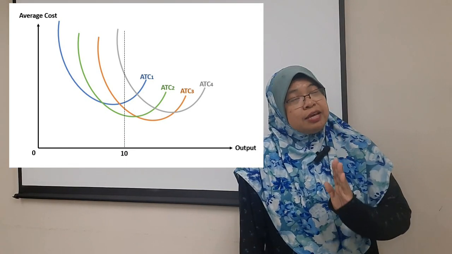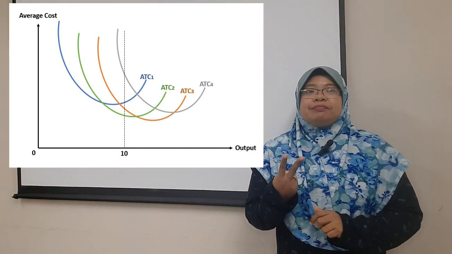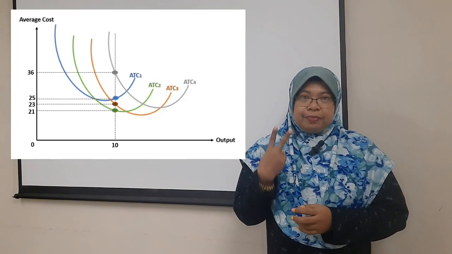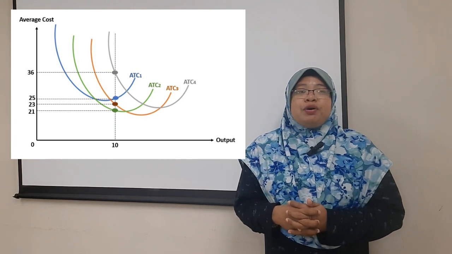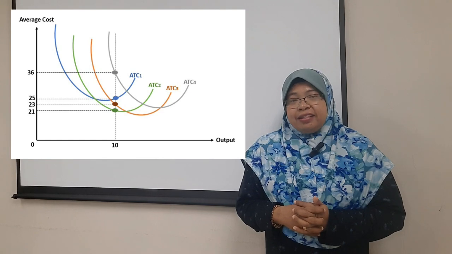So, if your answer is using plant 2, yes, your answer is correct. Why? Because using plant 2, this firm has the lowest ATC. If your answer is correct, it means you already understand long run cost.